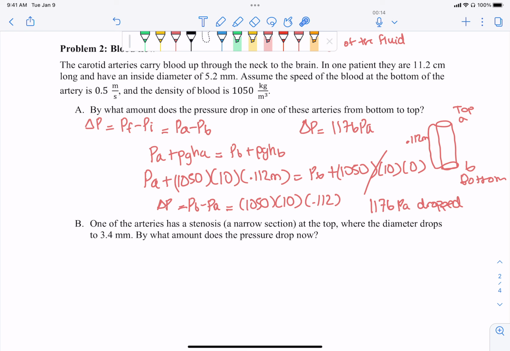Makes sense for part A? Yeah. So you can say it dropped by that amount, or, like I said, if you switch around the variables to PA minus PB instead, you'll get a negative answer.